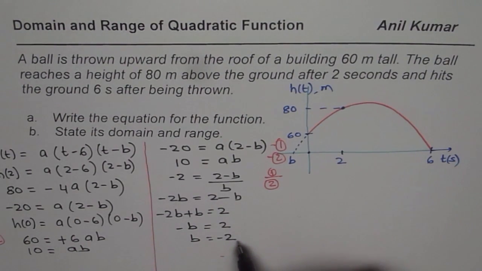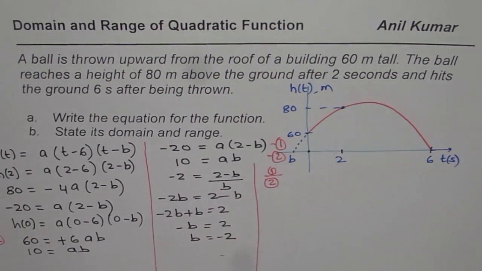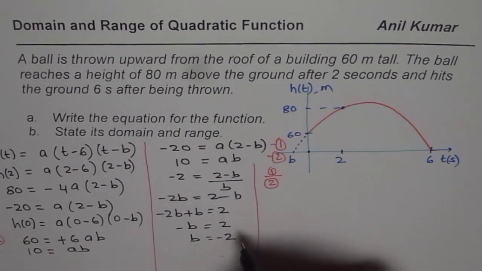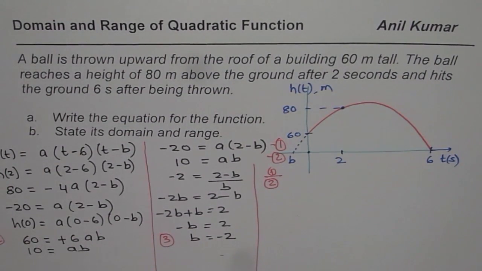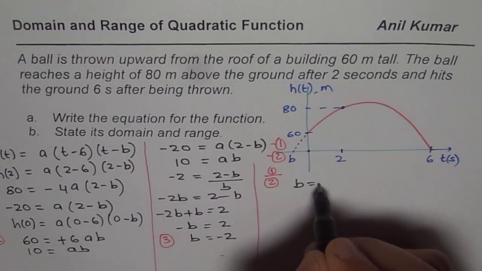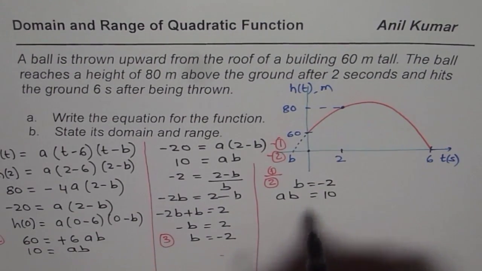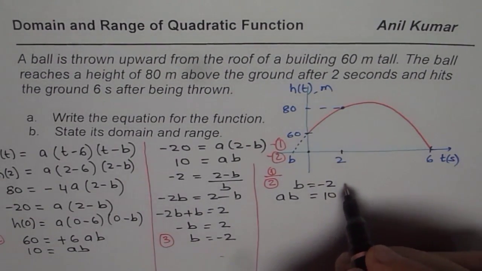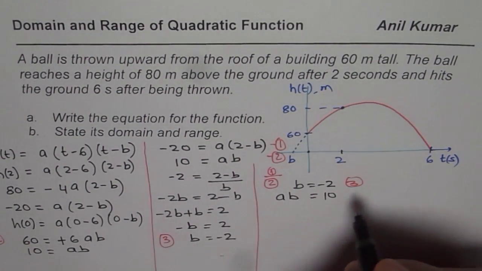Okay. Since b is minus 2 for us, we can find what a is. Let's call this equation 3. We now say that b equals minus 2, and we know a times b is 10, which is equation 2.